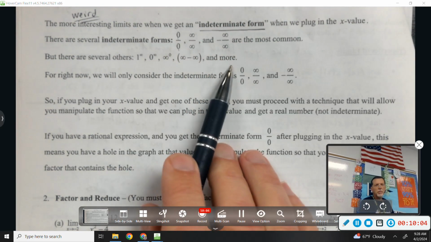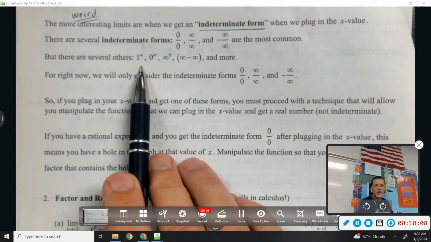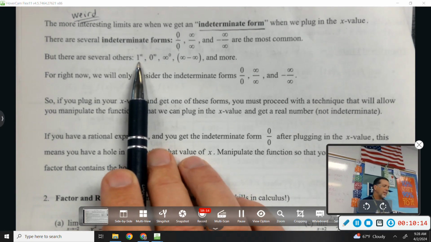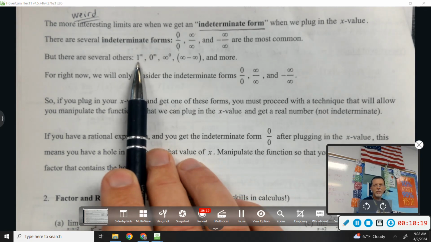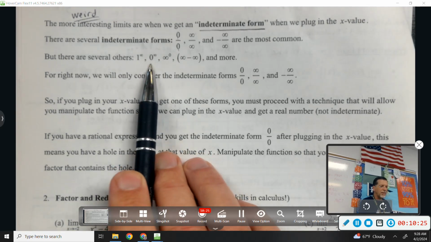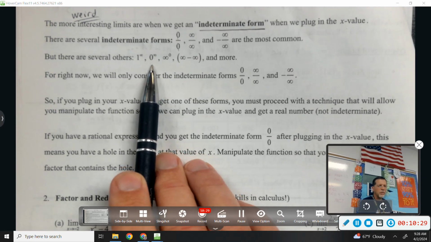There are other indeterminate forms. Basically, indeterminate forms are when you have conflicting rules, like 1 to the infinity. Well, 1 to anything is 1, but weird things happen when you're going to infinity. And what if it's not 1? What if it's like 1.00001? Well, then you're getting bigger. 0 to infinity, same kind of thing. 0 to anything is 0, but what if it's not quite 0?